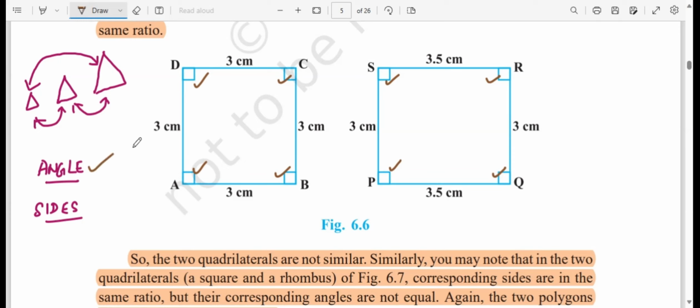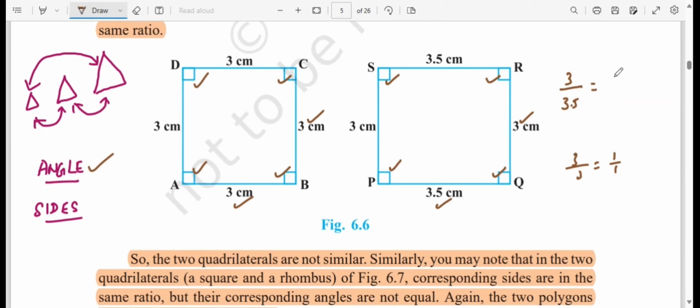Now the sides. AB is 3 centimeters and PQ is 3.5 centimeters, so it is 3 by 3.5. Coming to the next one, BC is 3 centimeters and QR is 3 centimeters, so it is 3 by 3, that is 1 by 1.